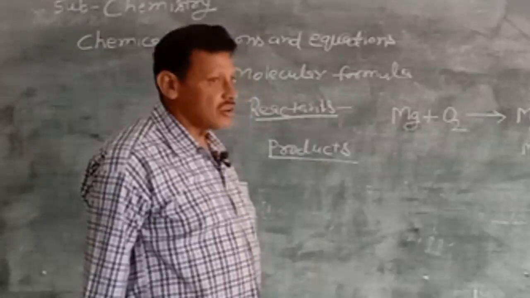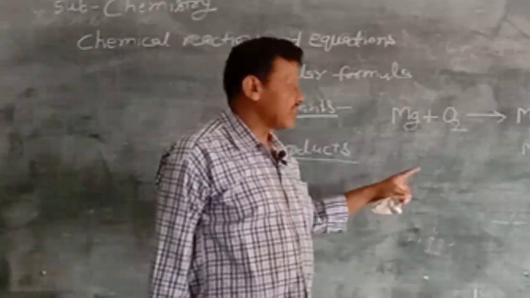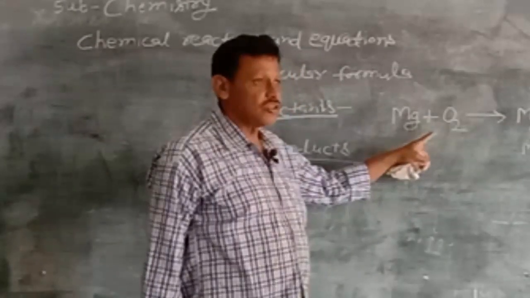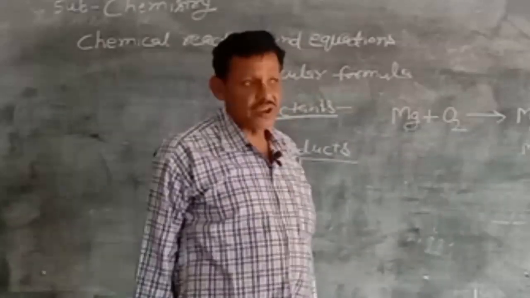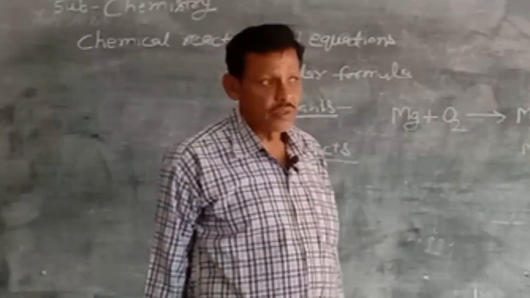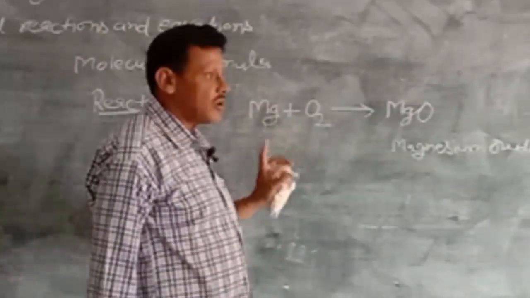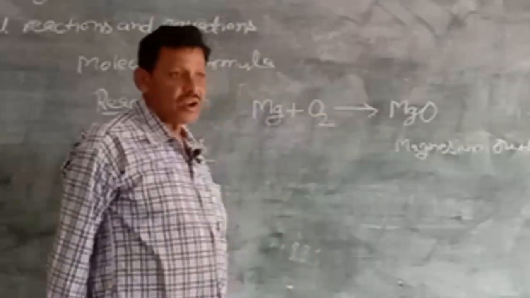Magnesium oxide is a new substance which is formed when magnesium is burnt in air. Magnesium reacts with the oxygen of air and forms magnesium oxide. The properties of magnesium oxide are quite different from magnesium and oxygen. So it is called a chemical reaction.